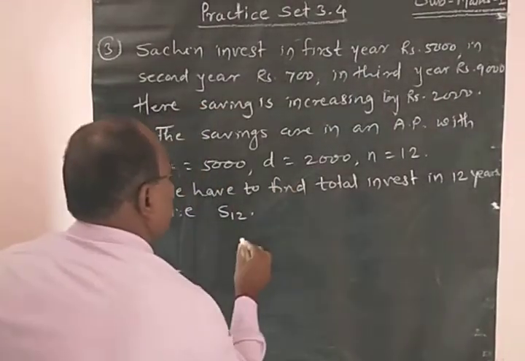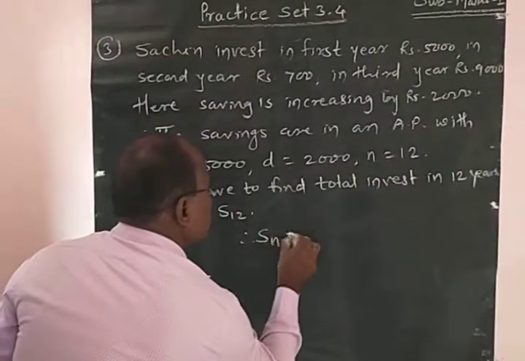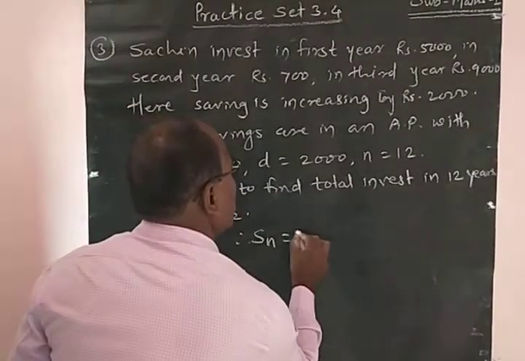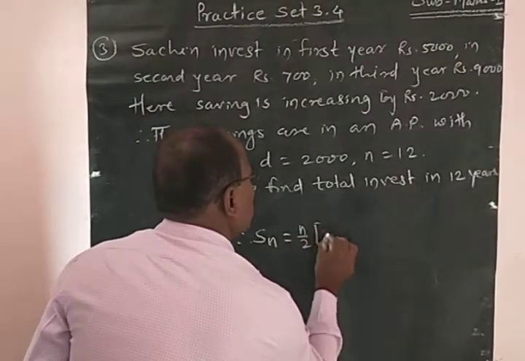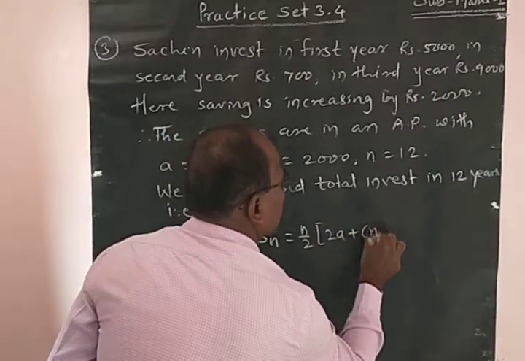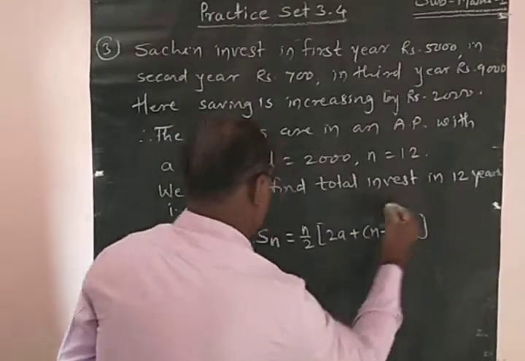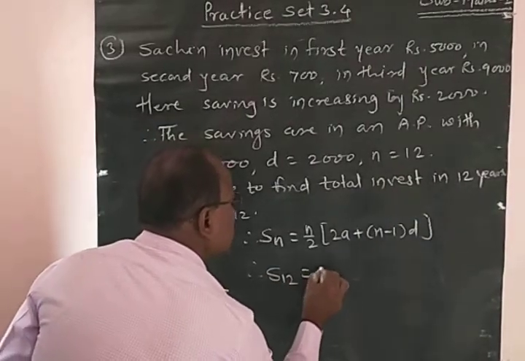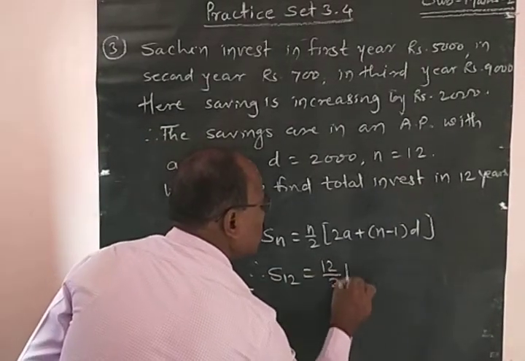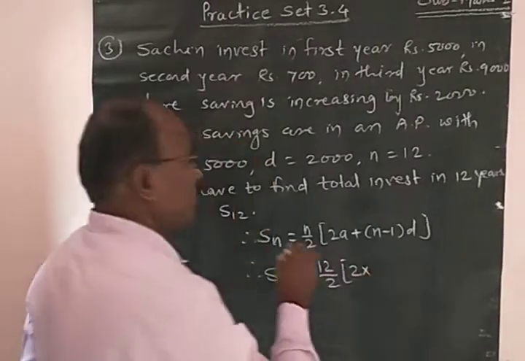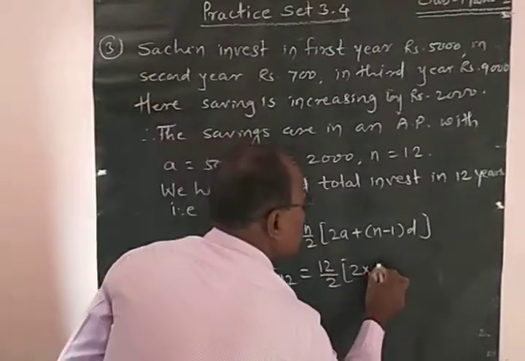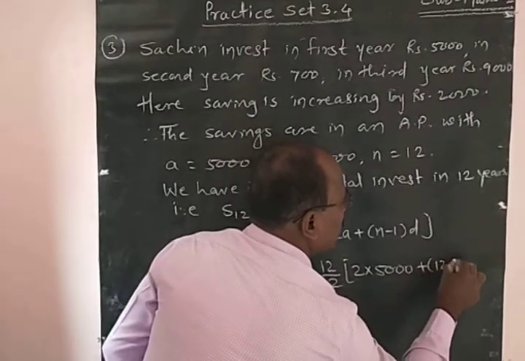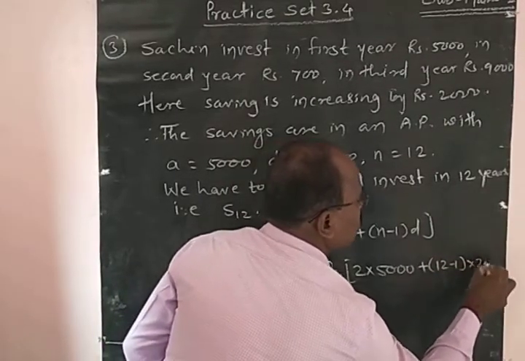So use here Sn is equal to n by 2 into 2a plus n minus 1 into d. Now put the value of n here. So S12 is equal to 12 upon 2 into 2 into the value of A is 5,000 plus n is 12 minus 1 into D is 2,000.